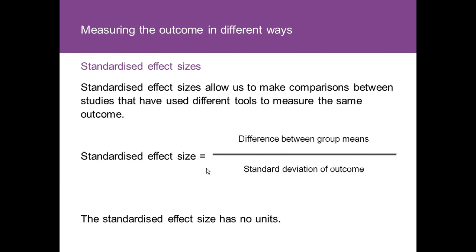It is the difference between group means divided by the standard deviation of the outcome measure. Because both the difference between group means and the standard deviation are expressed in the units of measurement that were originally used, these cancel out so that the standardized effect size has no units, which means that we can combine it between studies and not violate any of those algebra laws that we learnt in high school.